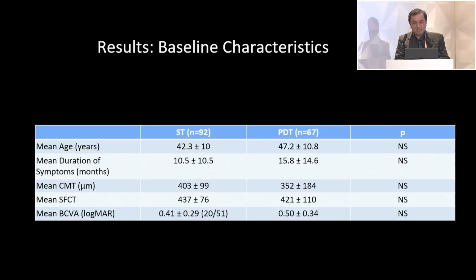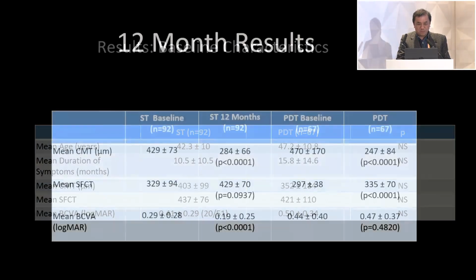These are the baseline characteristics, and you can see here the micropulse group versus the PDT, and you can see really that they were pretty much matched in baseline characteristics with regard to age, the duration of symptoms, the central macular thickness, the subfoveal choroidal thickness, and the starting visual acuity.